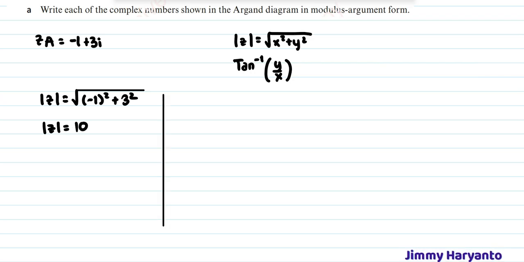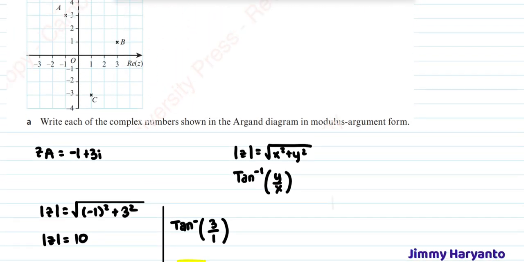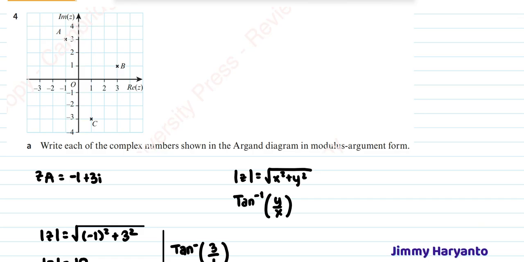And then for the argument, use tan inverse of imaginary over real. Remember, do not put the negative value and the negative sign. So the basic angle is 1.25 in 3 significant figures. And then after this, let's take a look at the location of A. The location of A is in the second quadrant.